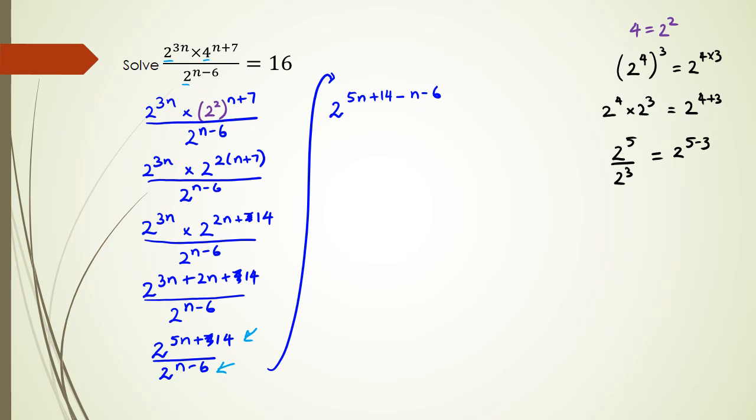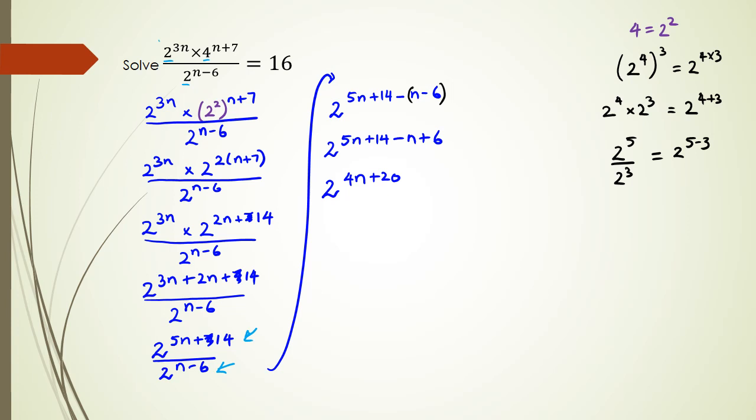It's extremely important that you put the n minus 6 in a bracket, because the negative is not just affecting the n, but also the negative 6. So when we expand this out of the brackets, we get 2 to the power of 5n plus 14 minus n plus 6. And this can be simplified as 2 to the power of 4n plus 20.